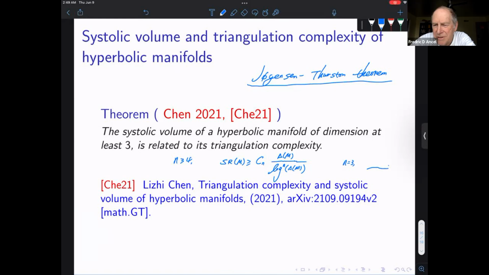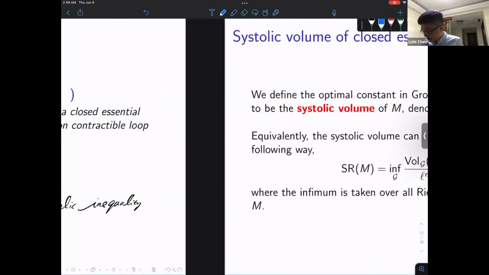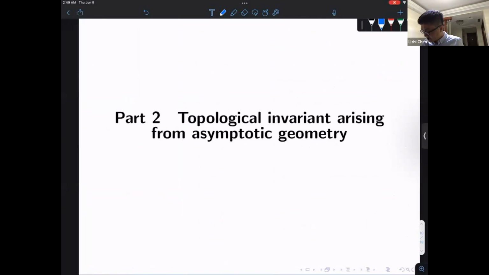Are there other questions? Perhaps you said this, but are there relations between this triangulation complexity and other sorts of volume concepts that you mentioned earlier? For triangulation complexity, I think I have mentioned Professor Lackenby and Professor Purcell's paper.